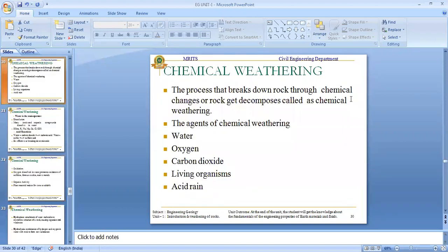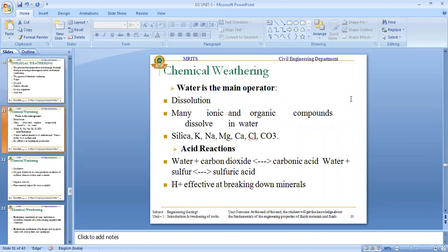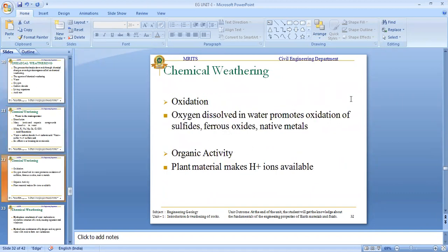And this is the chemical weathering process. Here all types of different chemicals affect the particular rock bodies. What are those things? Water, oxygen, carbon dioxide, living organisms and acid rain. You can see how the water reacts with all these chemicals present in rocks, releasing sulfuric acid in order to have the weathering process.